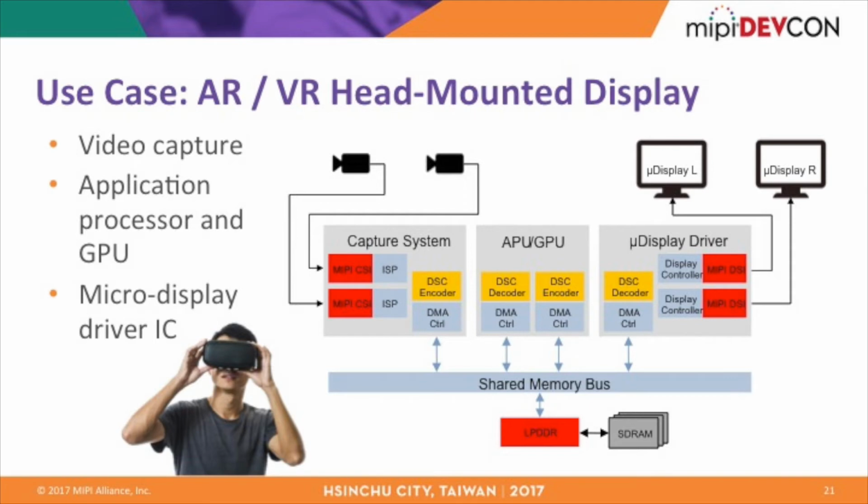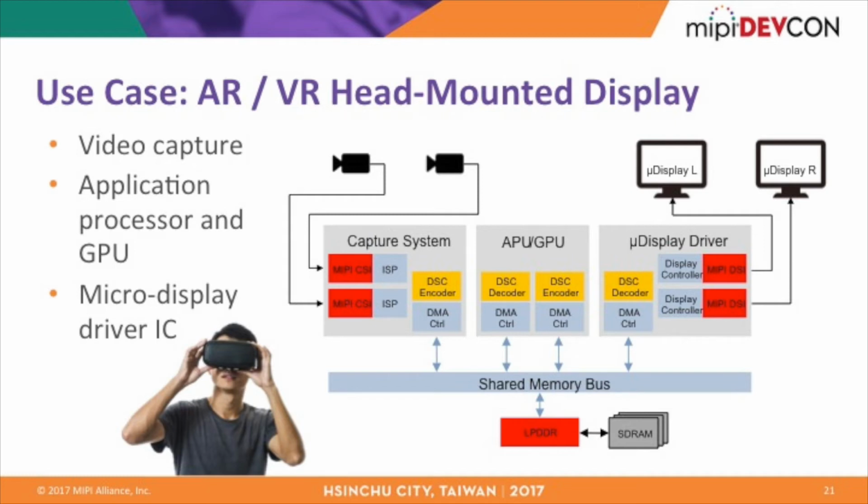Another important reason why people use DSC in AR and VR applications is that, because of the proximity to your eyes, people are looking to use extremely high pixel density, and they also really want to increase the frame rate to, let's say, 90, if not 120 frames per second, to have an extremely fluid experience and very low latency.